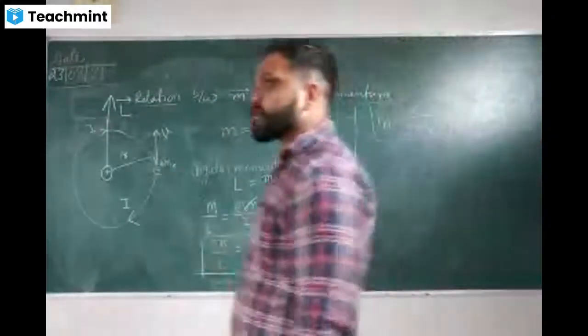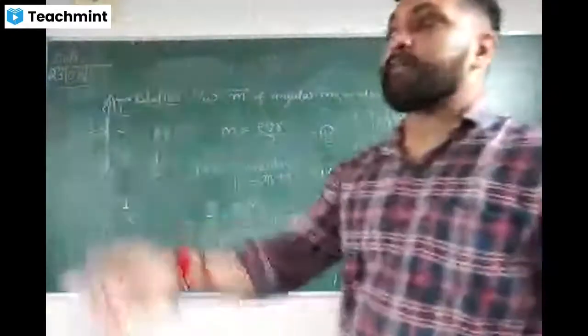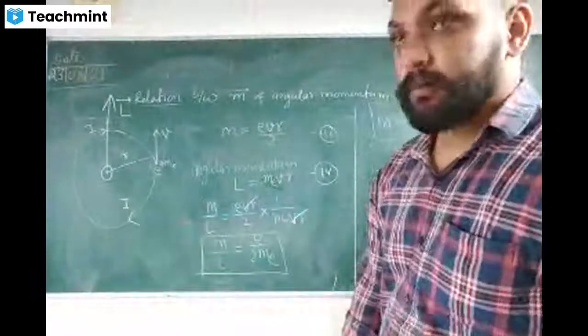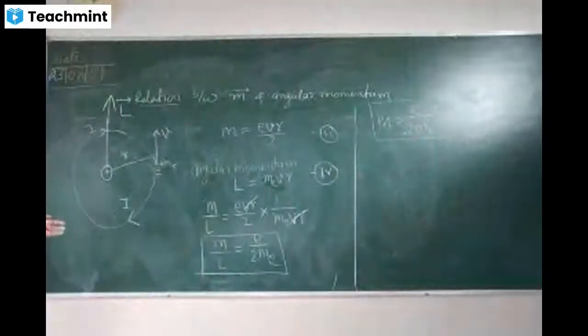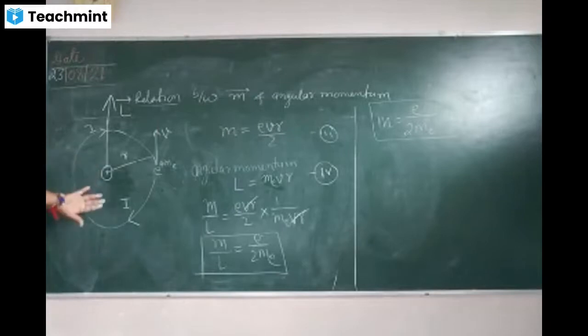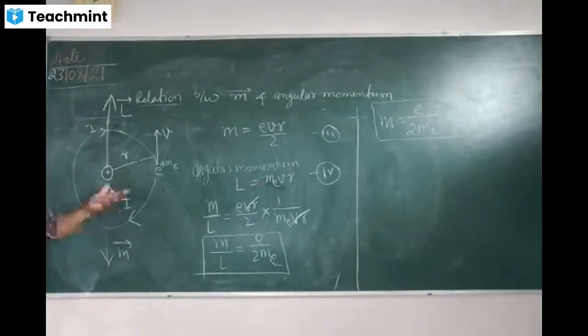Now what is the direction of magnetic moment? What is the direction of current? The direction of magnetic moment will also be found with the help of the right hand thumb rule. According to it, if the curved fingers show the direction of current, then the thumb shows the direction of magnetic moment. Where is the direction of current? Clockwise. Both times we are using the same right hand thumb rule.